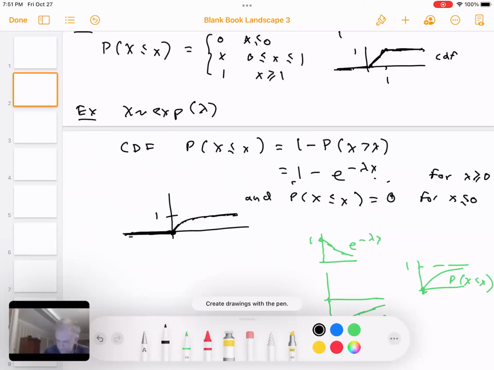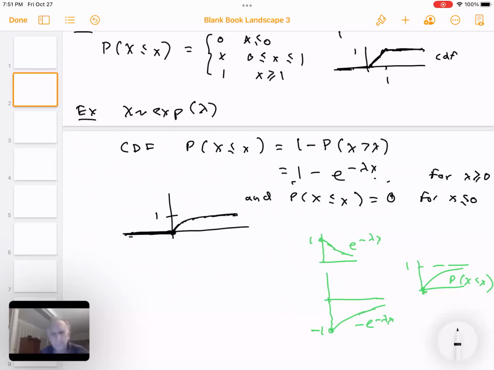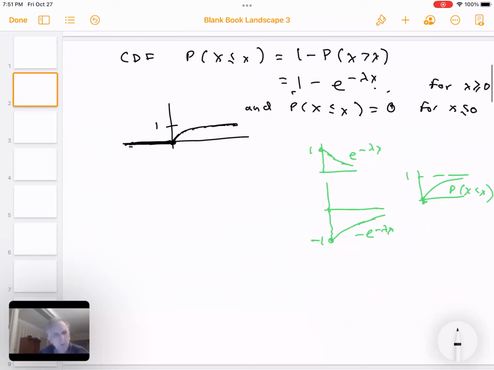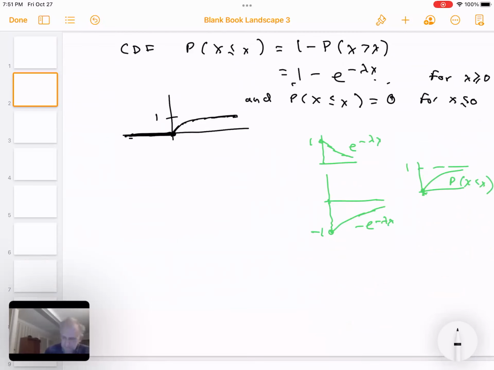Let's now take on the functions of continuous random variables. So here's the question. We're already on 2.